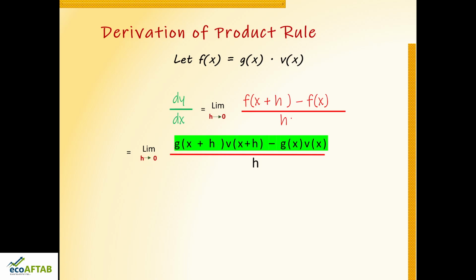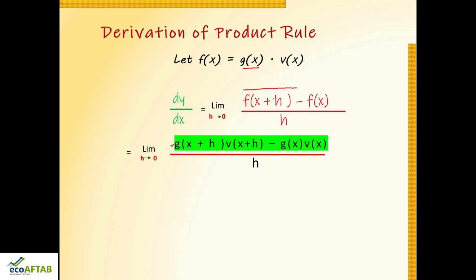So, here you can see I am making use of both the functions. So, g of x plus h and v of x plus h minus g of x into v of x. Here, dy by dx is this formula where I am making use of f of x plus h. For the function g of x, we are having g of x plus h.